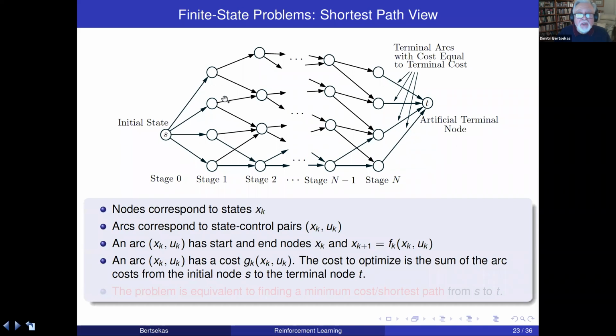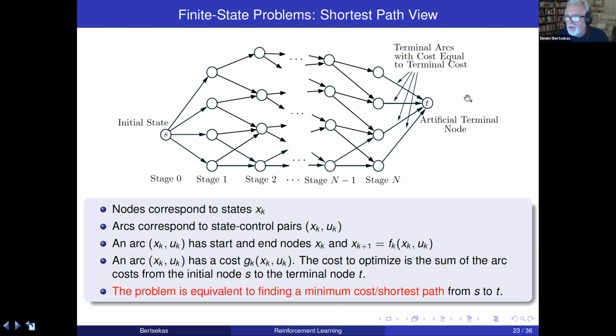So the cost is the sum of the costs along a path that starts from the initial state and ends up at this artificial terminal node. And the problem is equivalent to finding the minimum cost path, or shortest path, from the initial state to the terminal state. And there are many shortest path algorithms for solving this problem.